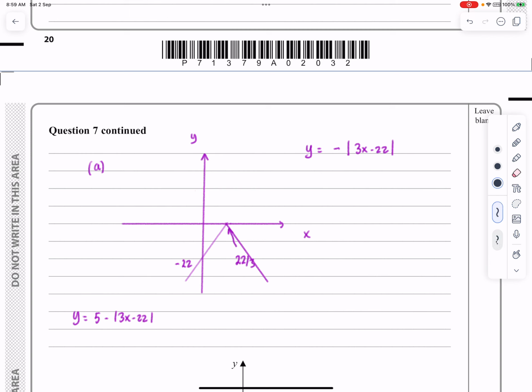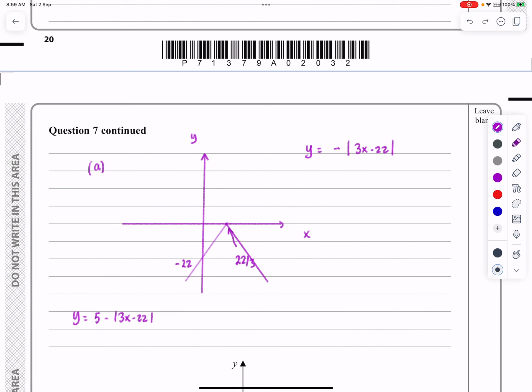And that's minus the modulus of 3x minus 22, and then the actual graph that I want is 5 minus the modulus of 3x minus 22, which means that this whole graph is going to move up by 5 units. So the new value there is going to be minus 17. It won't be hitting the axis anymore.